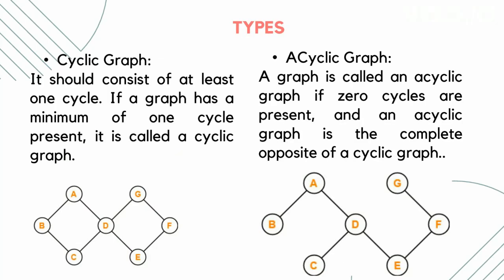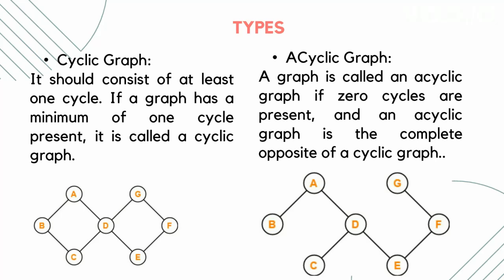In this part, we learn what the different types of graph involved in data structure are. So here we are discussing the cyclic graph and the acyclic graph. A cyclic graph should consist of at least one cycle. If a graph has a minimum of one cycle present, it is called a cyclic graph.